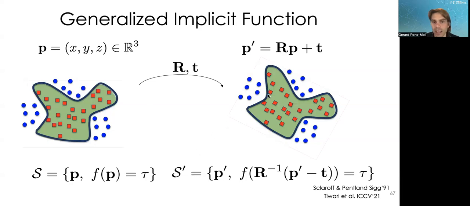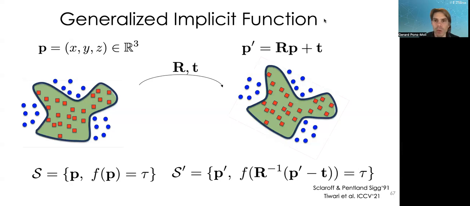And this is what is mathematically written here. The surface S prime after the transformation is nothing else than the points P prime such that f of R minus 1 of P prime minus T, so the inverse of P prime, bringing it to the canonic space, equals this threshold function.